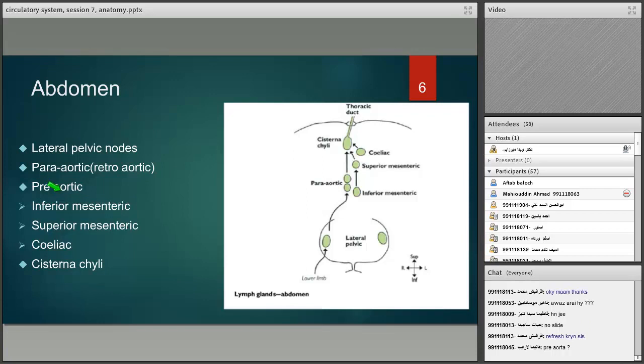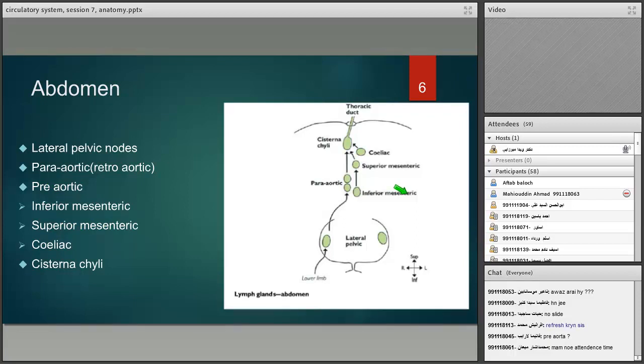Yes, pre-aorta. Pre means in front of. What are the most important systems which are draining their lymph into the pre-aortic groups? The inferior mesenteric, the superior mesenteric, and the celiac.